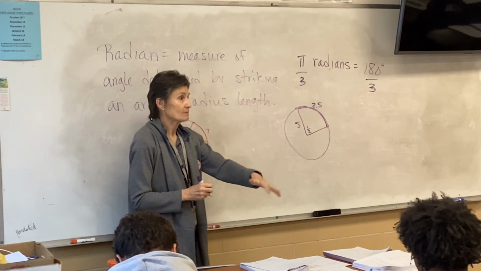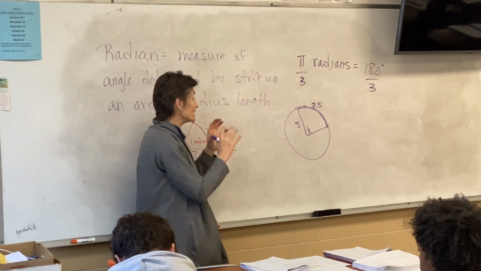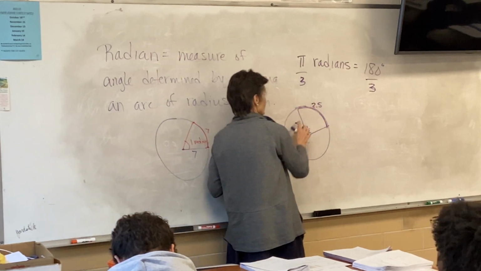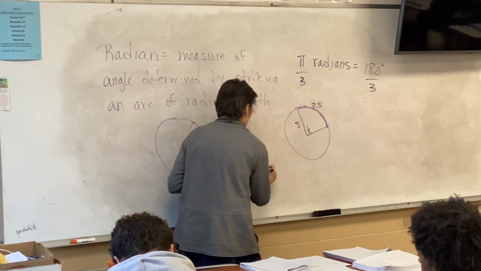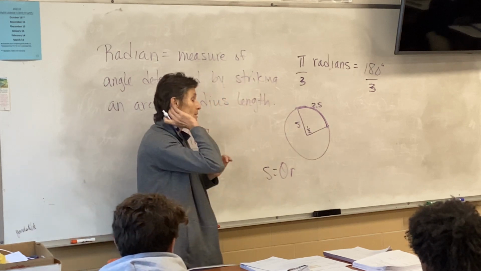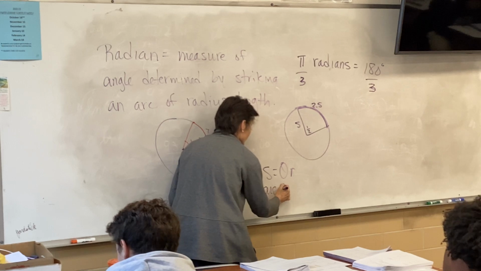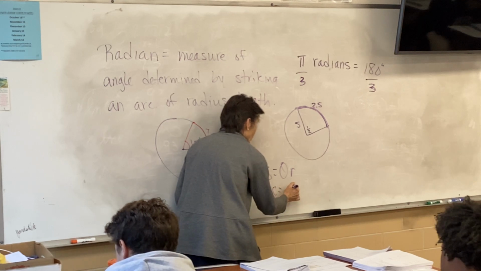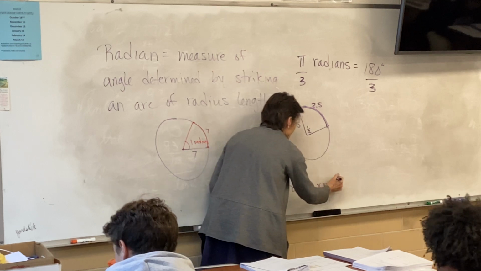In that reading at the top, they give you a little formula that relates arc length, radius, and radian measure. It says S equals theta R. I remember it as arc length equals radius times radians.